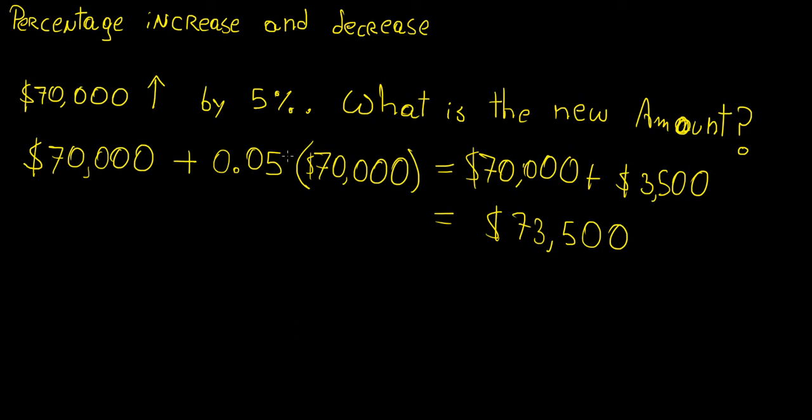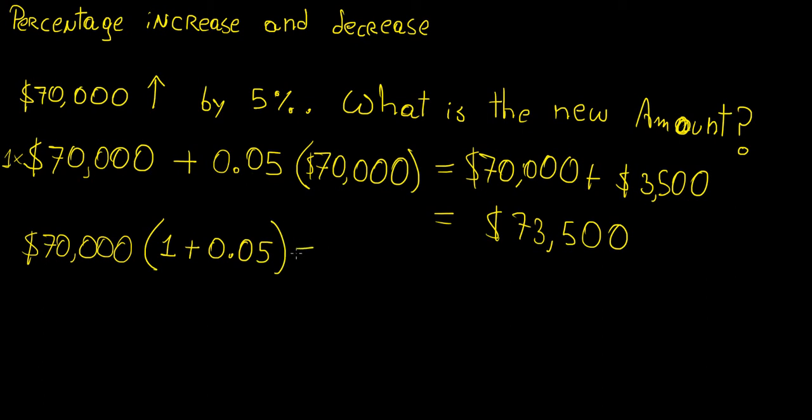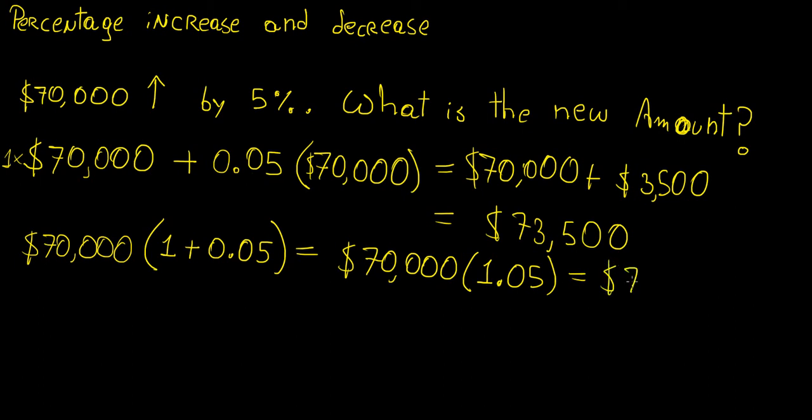You could even simplify this further. If you use a little bit of algebra, you could notice that 70,000 is a common factor between those two numbers. This one is multiplying 1, this one is multiplying 0.05, so you can factor out the 70,000, and you're going to be left with 1 plus 0.05, which is the same as saying 70,000 times 1.05, and that's going to give you the same value as we had here.